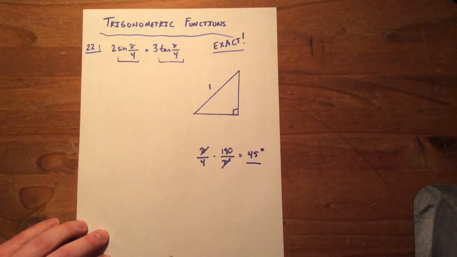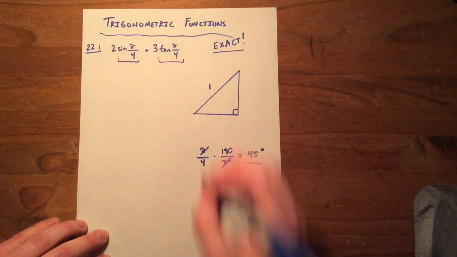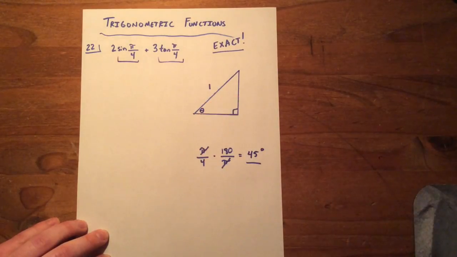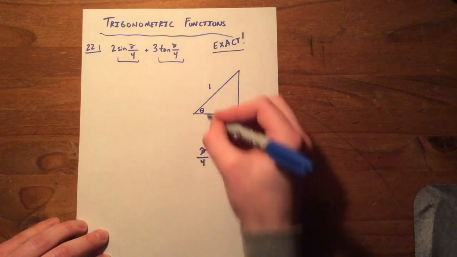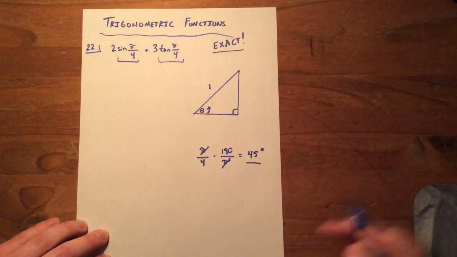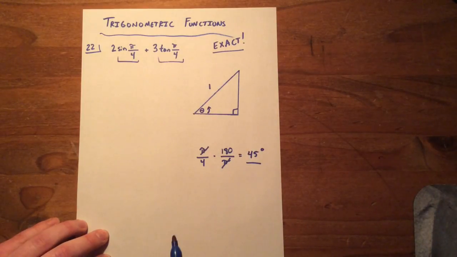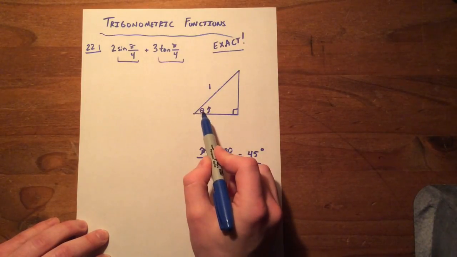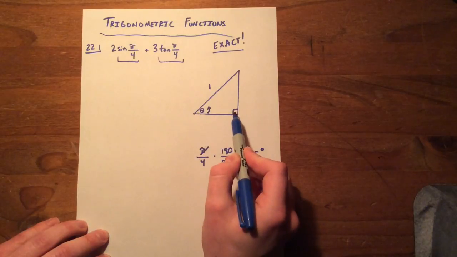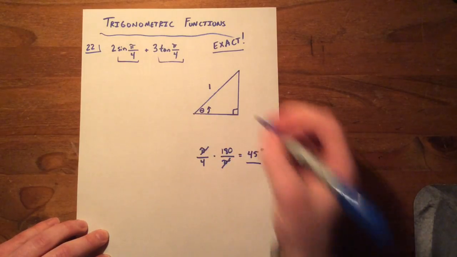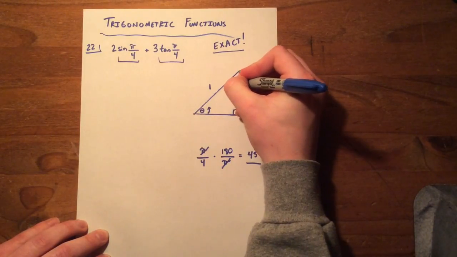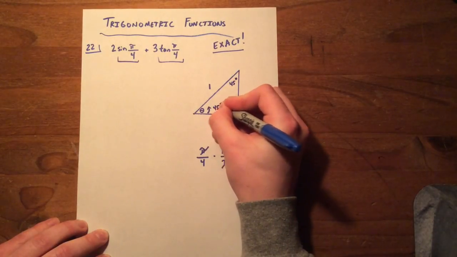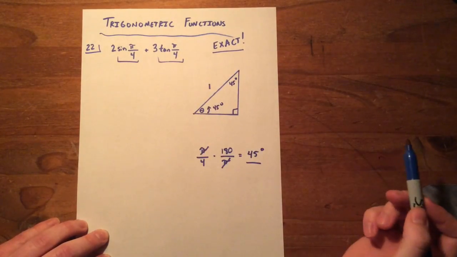So if you remember with our unit circle, and you can check your unit circle while you're looking at this, this is asking us, when is this theta, angle in standard position, going to be a positive 45 degrees rotating counterclockwise? Well, if you can see that we have 45 here, and this is 90 with the right triangle that we've made, then this has to be 45 as well, giving us a 45, 45, 90 triangle.